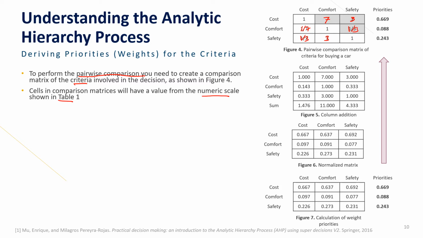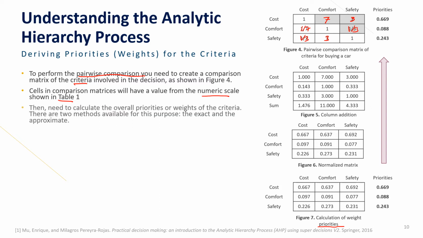At the end of the comparison, we will find the calculation of weight priority for each criterion. In order to calculate the overall priority or weights for the criteria, there are two methods available, the exact method and the approximate method.